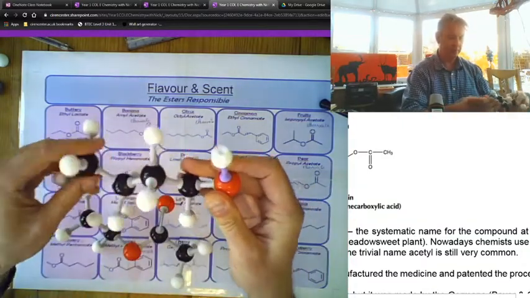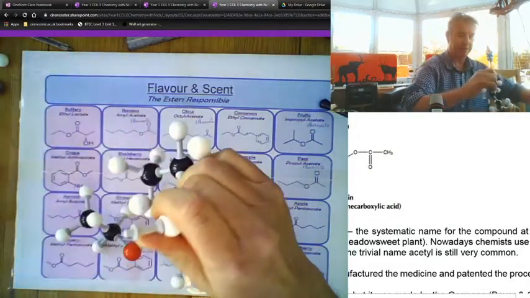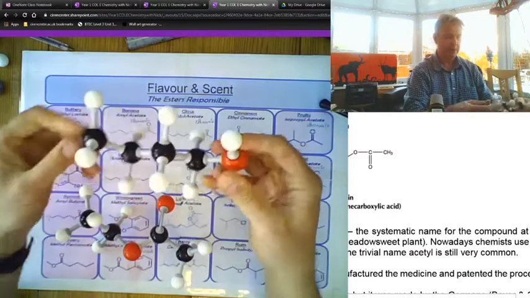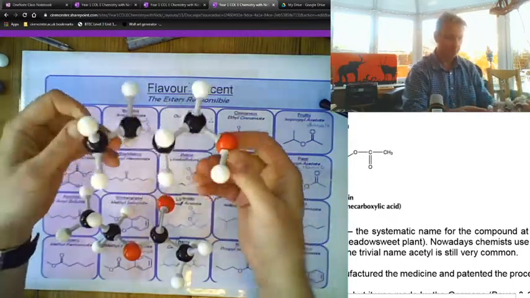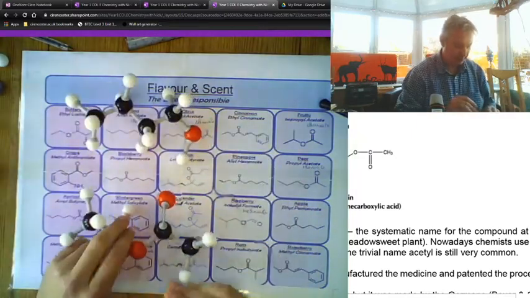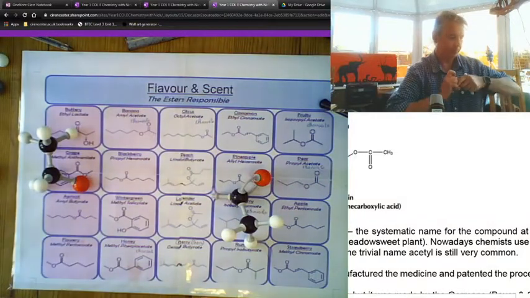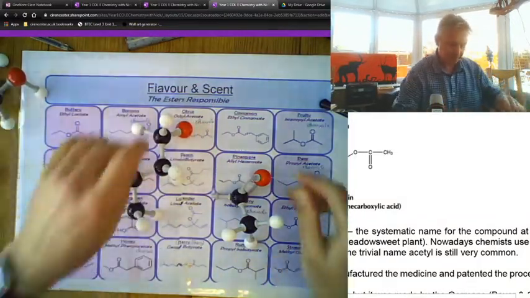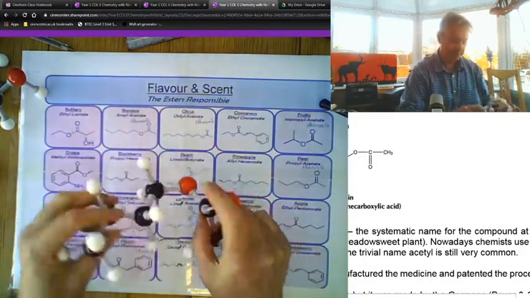Now, I could take something different. Here, I ran out of grey ones of those. Let's have a proper grey one on there. So here, I've got propan-1-ol. So what I could do is replace the ethanol with propan-1-ol, sorry, butan-1-ol even, because it's got four carbons.